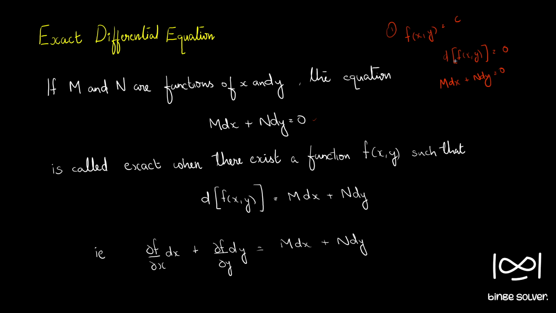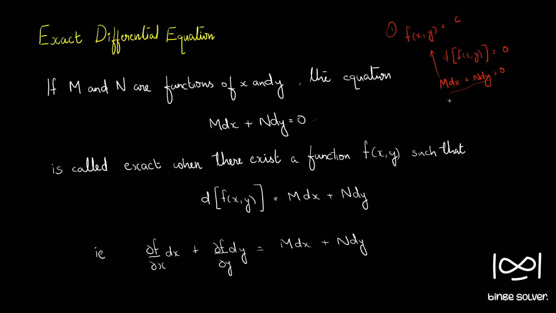So once we show that M dx plus N dy equal to 0 is an exact equation, where there exists a function f of x, y, then writing the solution to such a differential equation becomes straightforward and easy.